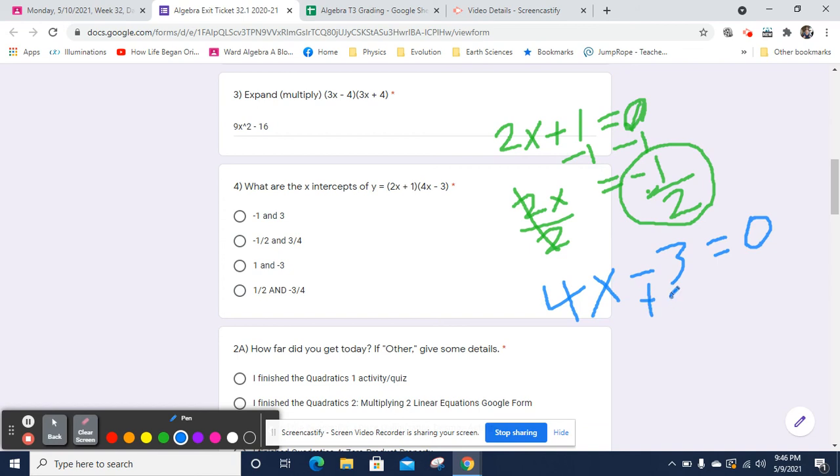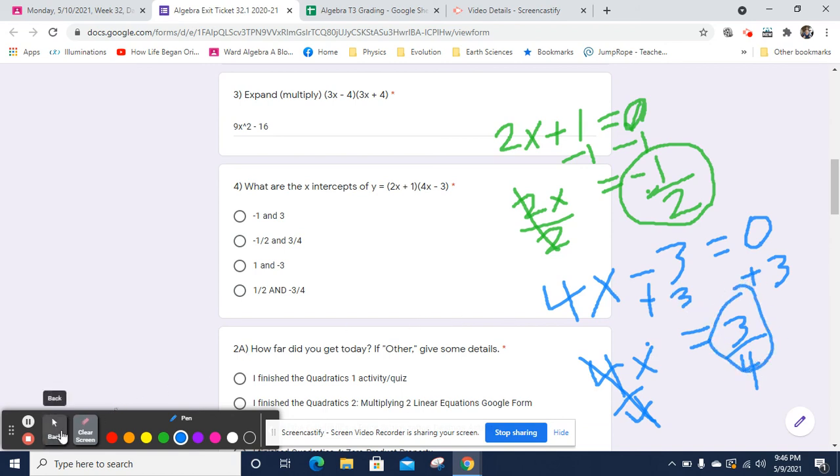This is a two-stepper. And we end up with 4x equals 3. And then you just have to divide both sides by 4, because both sides were 4 times too big. And so x will also equal 3/4. And so our answer is negative 1/2 and positive 3/4.